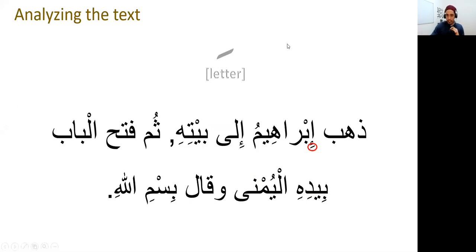Would you guys agree with me that this is basically a dash below the letter? Yes. Okay. Remember, we're looking at shapes now. We're not talking about sounds.